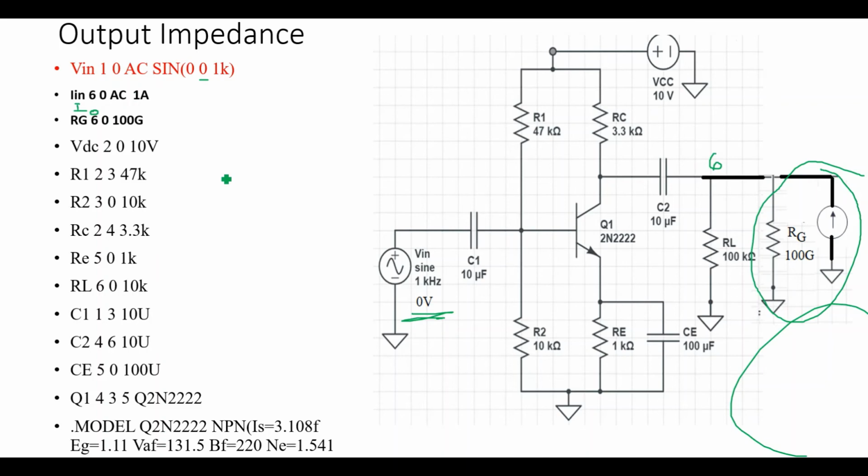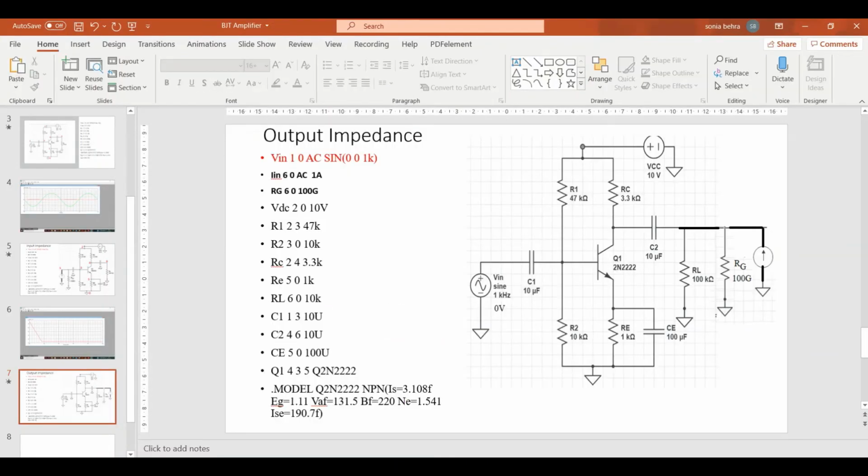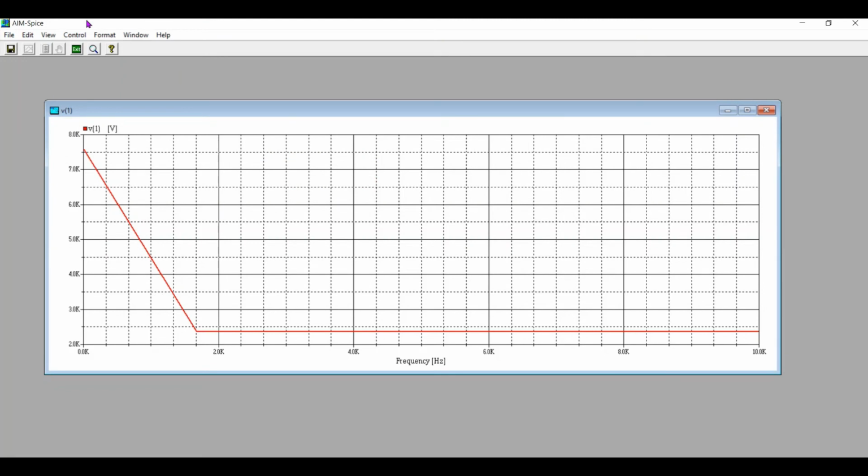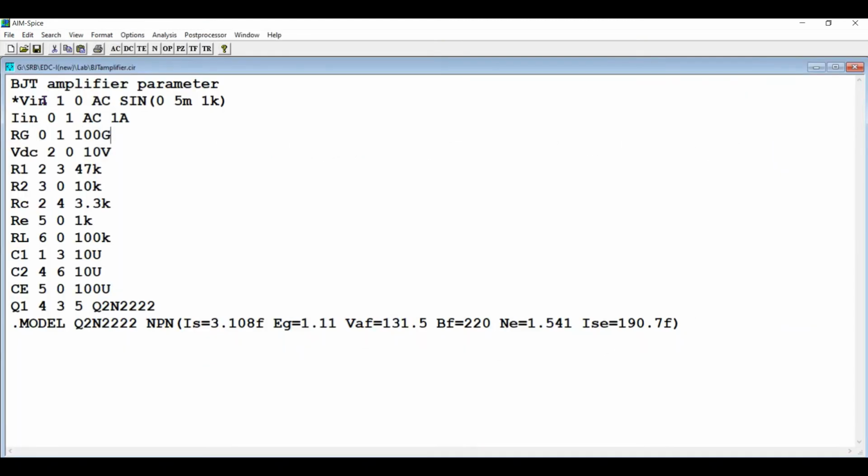So let's see what happens in the AMSpice. So this which we have commented, we will uncomment it, make this as 0 milli, and this is output side IO, it will be between 6 and 0.